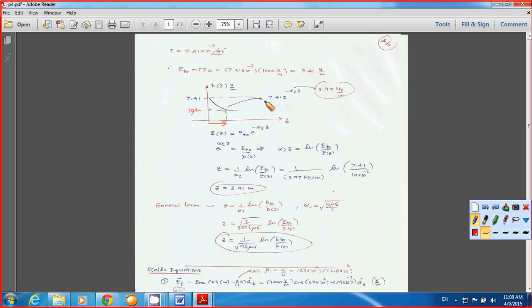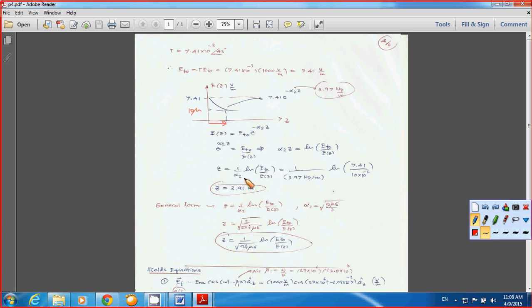So your E_z equals E_t0 exponential negative alpha 2 Z, or e to the alpha 2 Z equals the ratio of E_t0 over E_z, and you can find Z simply as 1 over alpha 2 times ln of E_t0 over E_z.